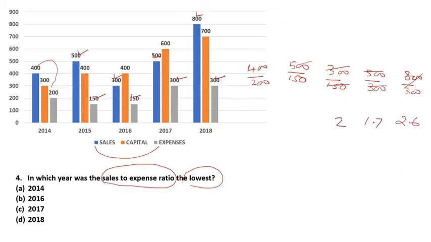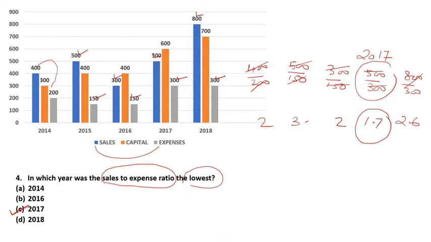Here 500 by 150 is equal to 3 point something. Here it is 2, 400 by 200. So now, which is the lowest? This is the lowest, this 500 by 300. 500 by 300 is in which year? 2017. So you can write 2017 is the correct answer.